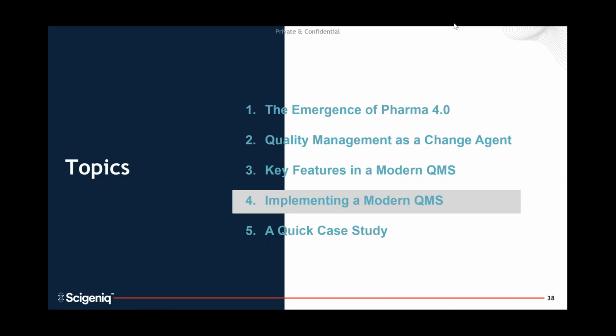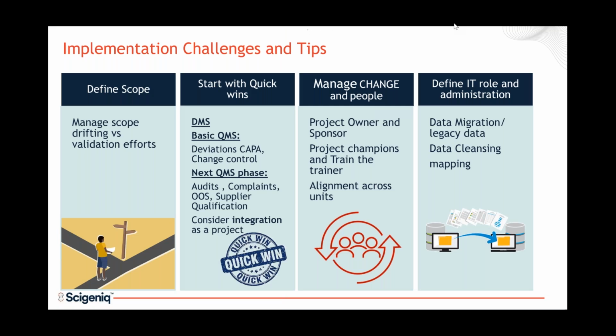Okay, so now we will be talking very quickly about the implementation of a quality management system. Some challenges and some tips for your side. As Jawad said, I've been doing this on the other front, and I know that things can happen.